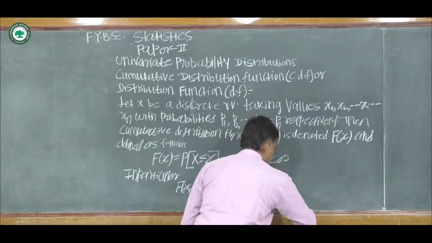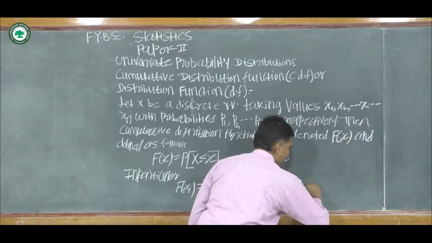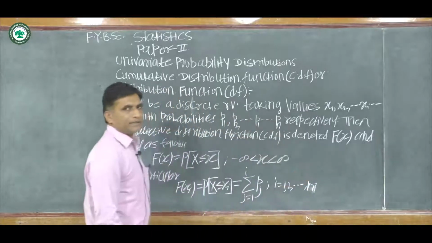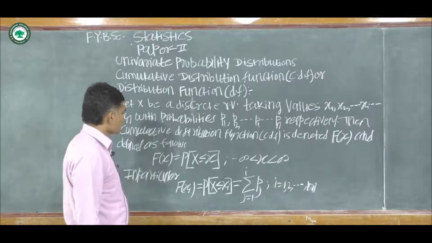Here i takes values 1, 2, ..., up to n. This is the definition of cumulative distribution function.